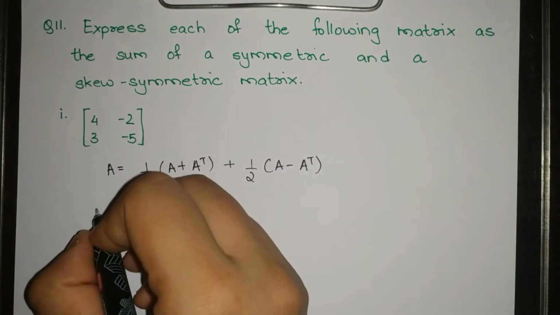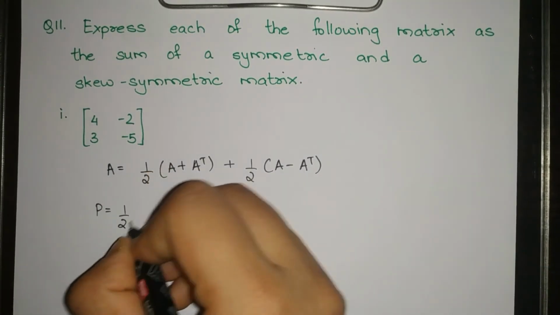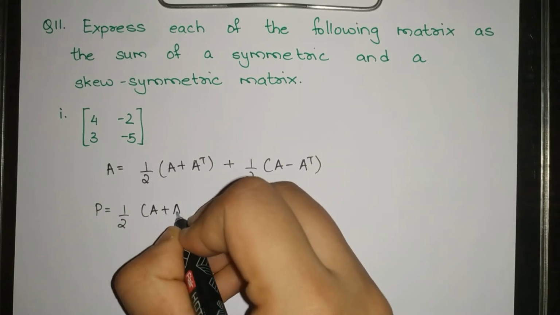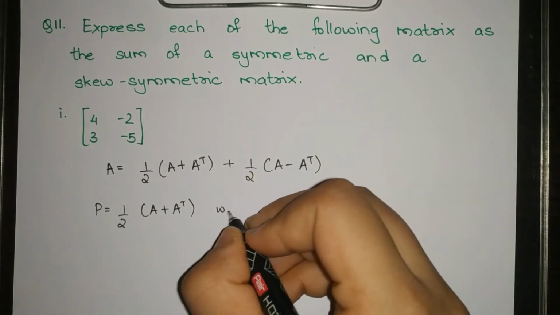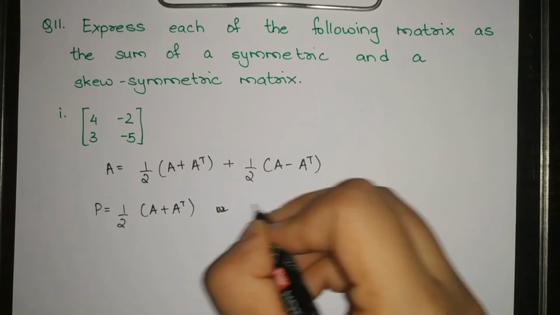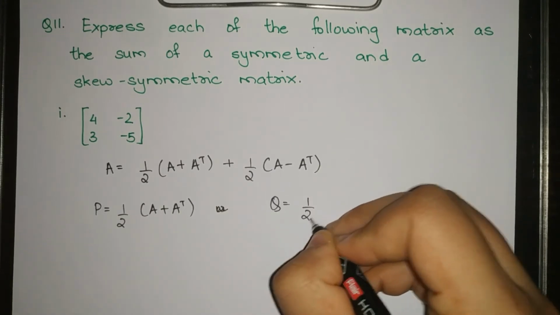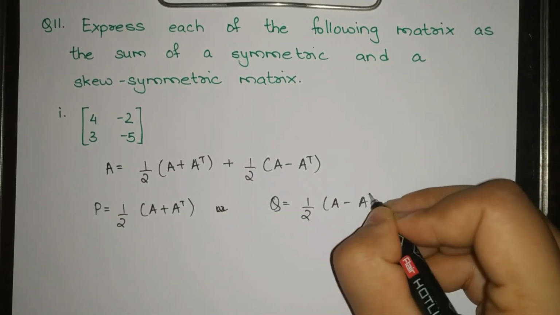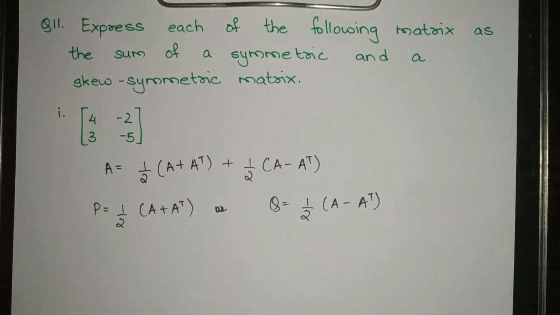Fine. So we can say that P is equal to, let's say, half A plus A transpose, which is going to be symmetric. Okay. And Q will be half A minus A transpose. Okay. तो हम लोग ये ढूंढ लेते हैं और फिर हम दिखाएंगे कि ये symmetric और skew symmetric भी है.